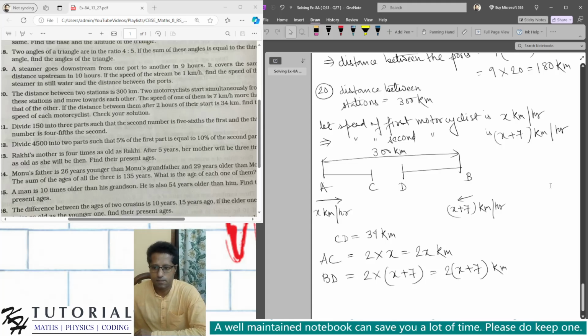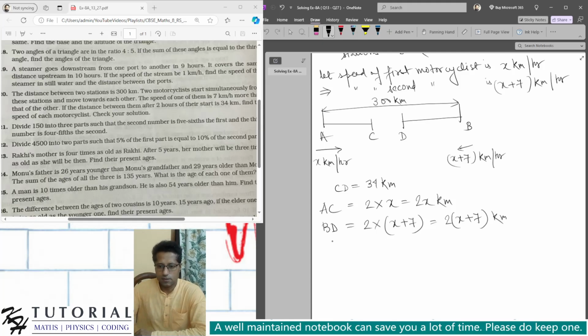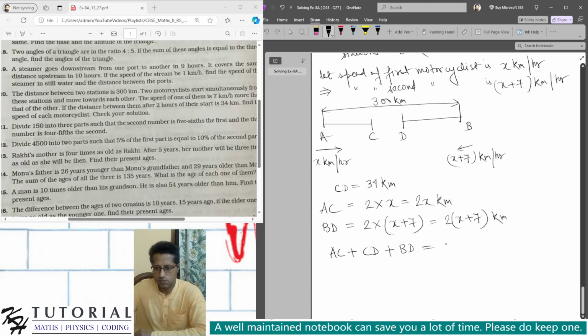Now we can clearly see that AC plus CD plus BD is equal to the total distance between the two stations, which is 300 kilometer. So AC is 2x, CD is 34, and BD is 2 into x plus 7. This is equal to 300.